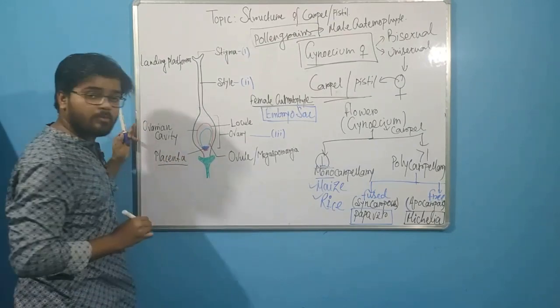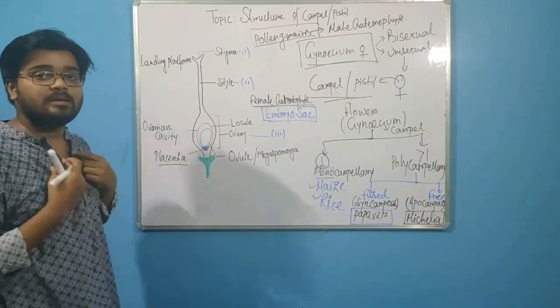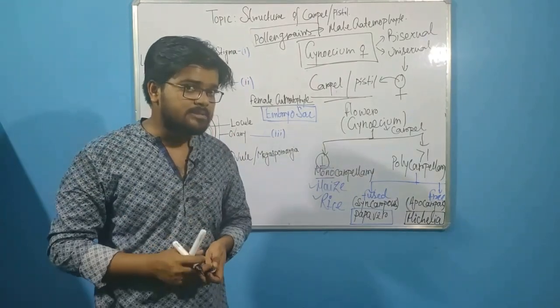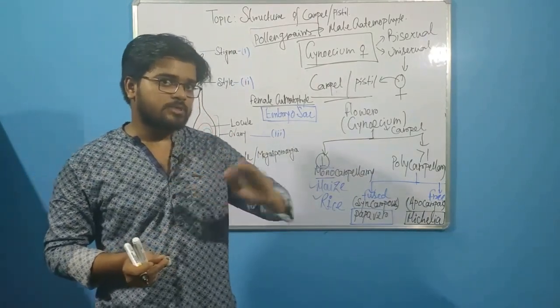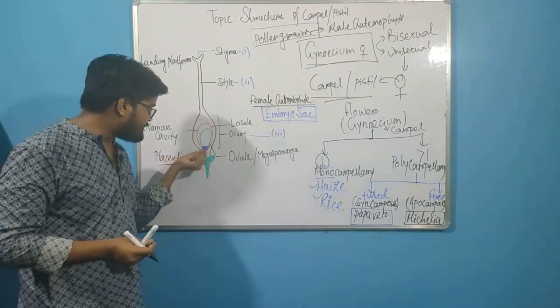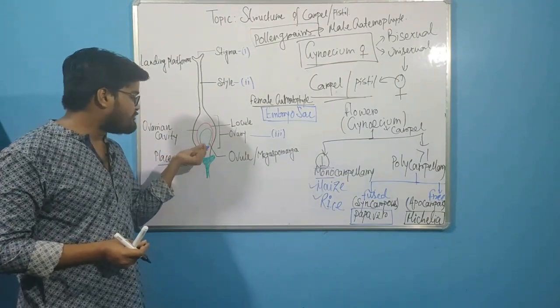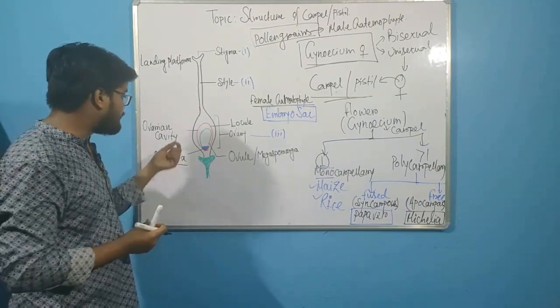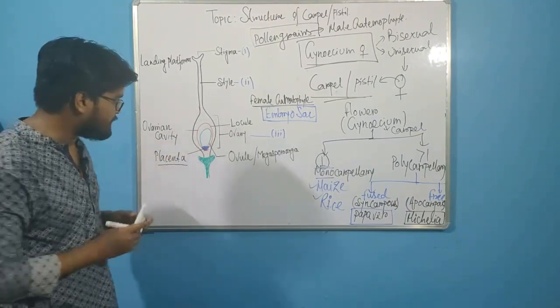We already know about the placenta. The placenta is a nutritive mass in animals, which gives nutrition. In the same way, in the basal portion of the ovarian cavity, we get the formation of the placenta.